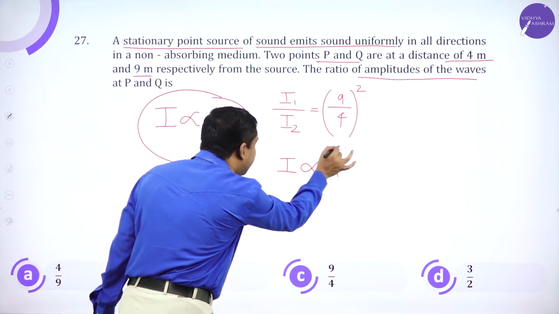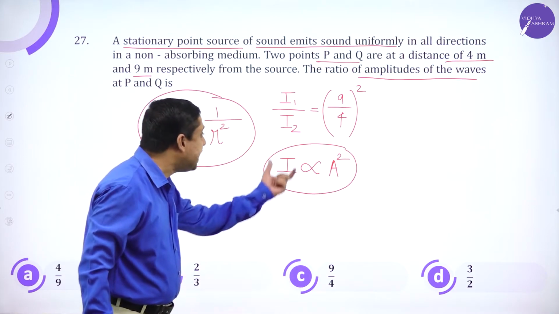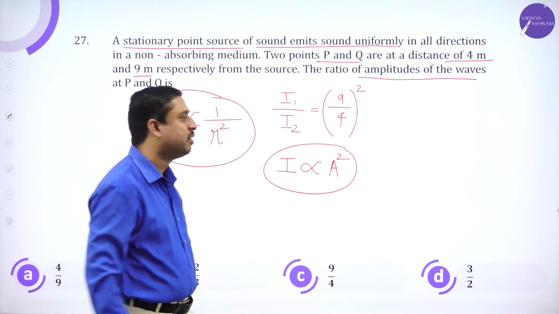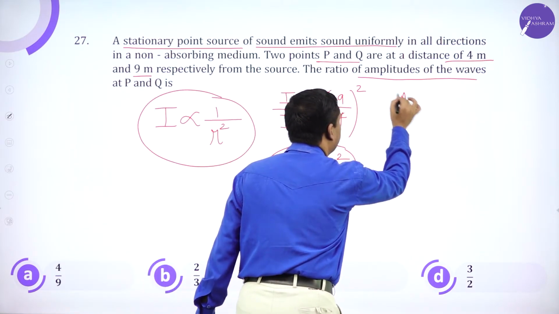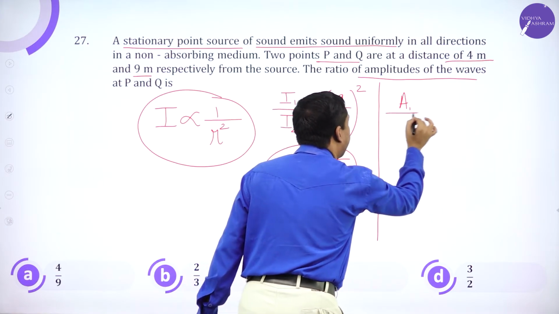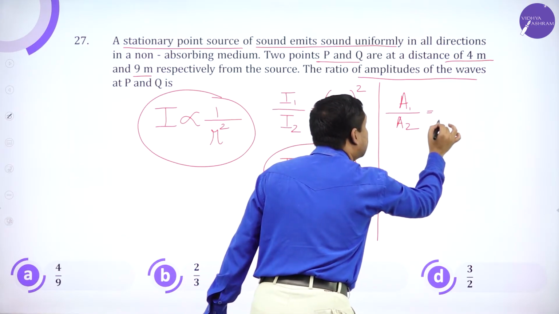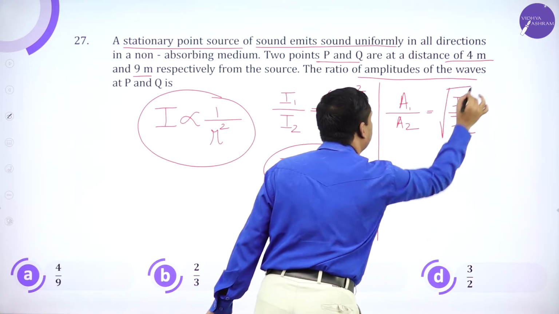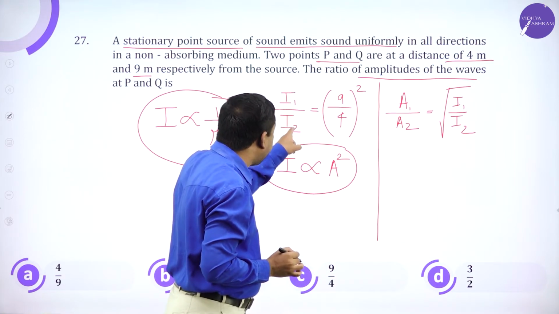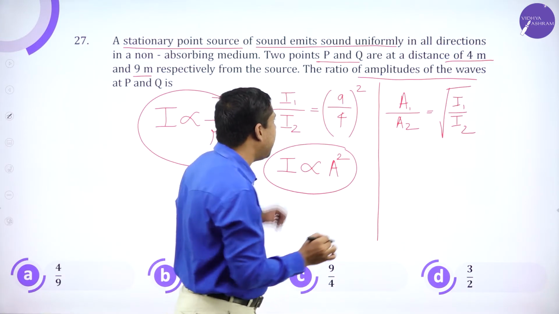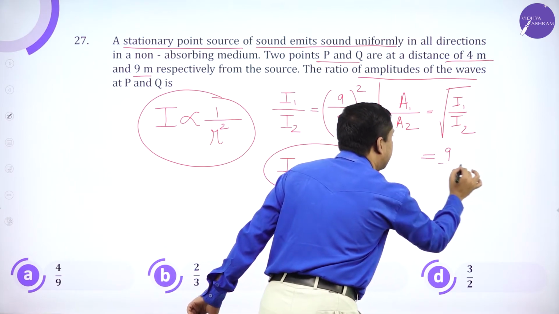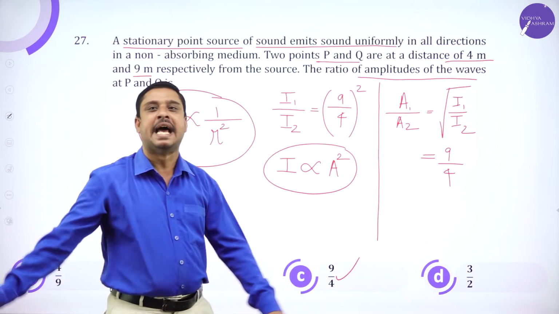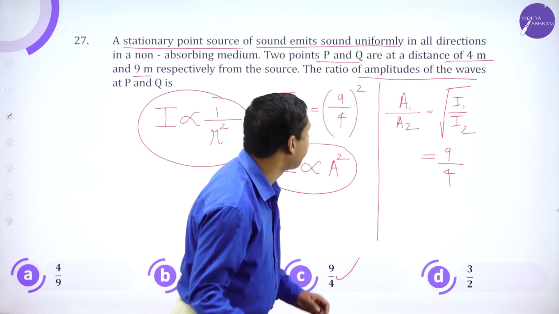Again, you should know intensity is directly proportional to the square of the amplitude, which means A1 by A2 is root of I1 by I2. So I1 by I2 is so much square. When you take the root, this is nothing but 9 by 4. So the ratio of the amplitudes is 9 divided by 4.